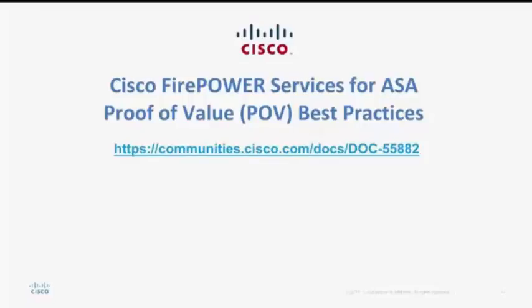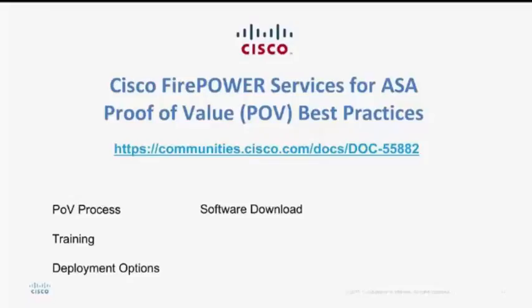It's about 50 pages long, but it's very concise and cleanly written, and it takes you from what all the POV process entails, some training links in there to take you through some demo flows, deployment options, where to download all the software, how to install, how to get it licensed, how to configure your Firesite Management Center, including all the policies, such as your network policy, your file policy, intrusion policy, and access control policies.